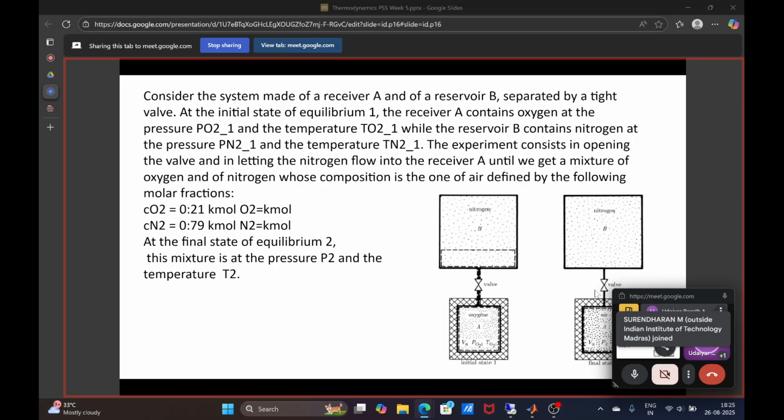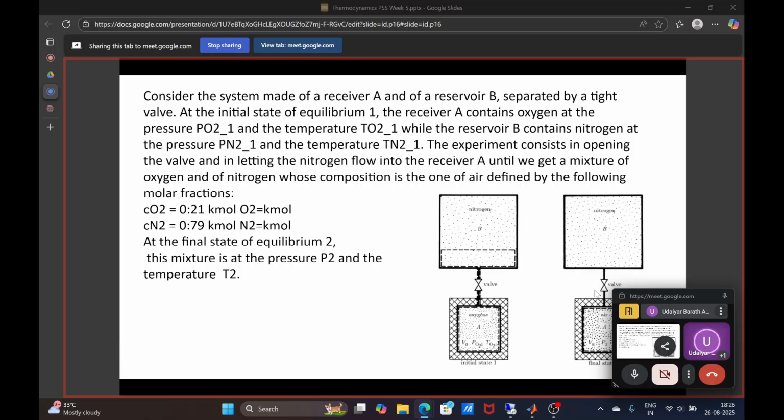Consider the system made of a receiver A and a reservoir B separated by a tight valve. At the initial state of equilibrium 1, receiver A contains oxygen at pressure PO2,1 and temperature TO2,1, while reservoir B contains nitrogen at pressure PN2,1 and temperature TN2,1.